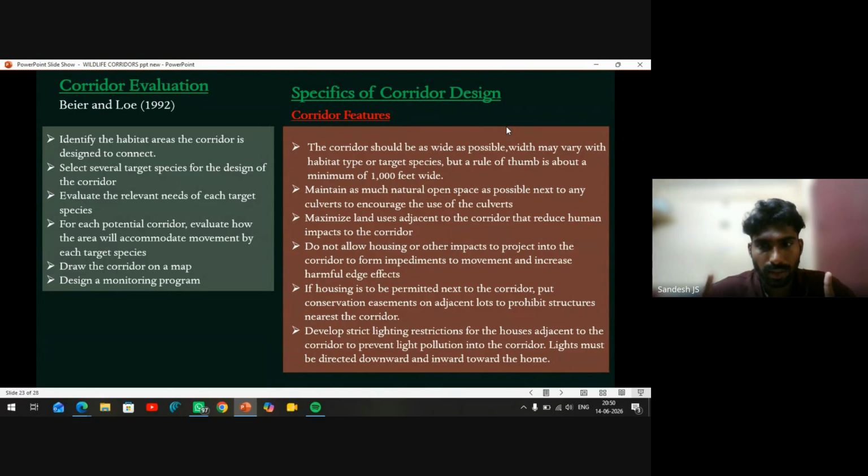If housing is permitted next to the corridor, put conservation easements on adjacent lots to prohibit structures nearest to the corridor and develop strict lighting restrictions for the houses adjacent to the corridor. So light pollution is a concern. You must prevent light going to the corridor side. Solar lights can be used to reduce this.